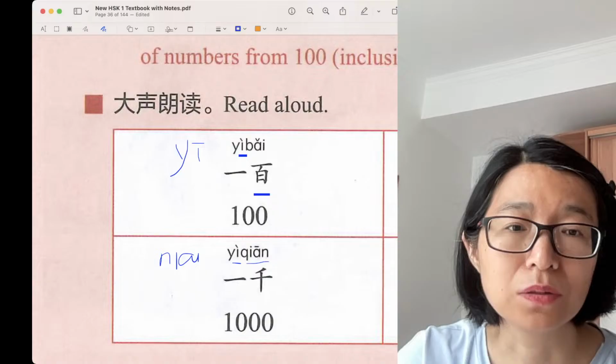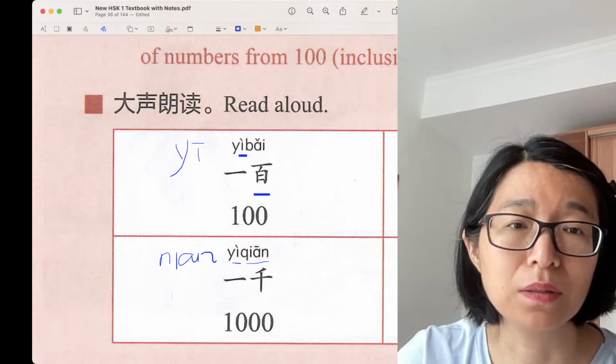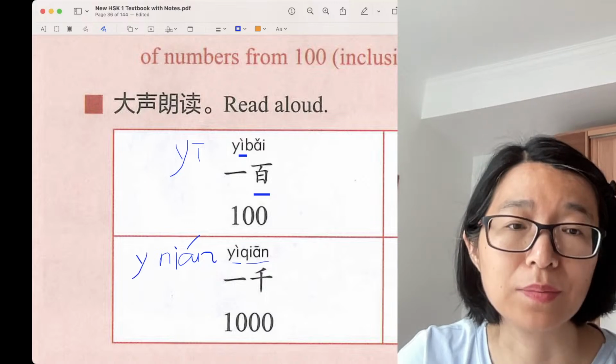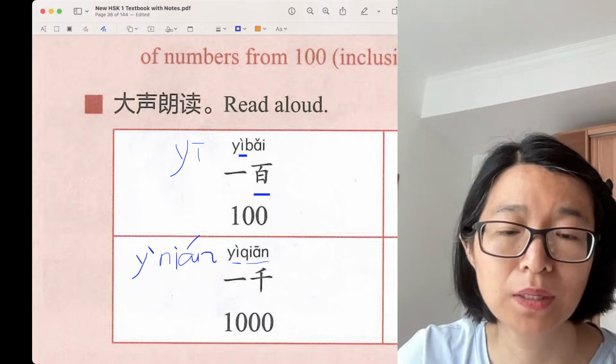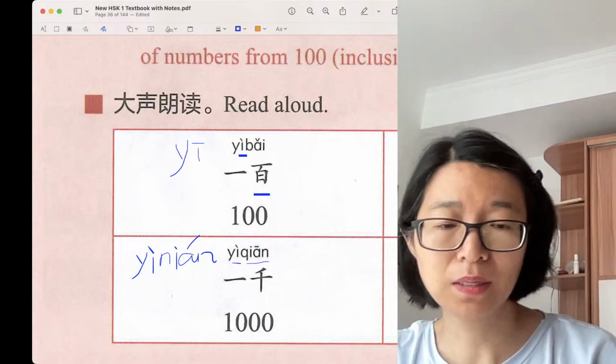So for rising tone, 一年. How do we say 一? Same, it's a falling tone. So 一年, 一年, 一年.